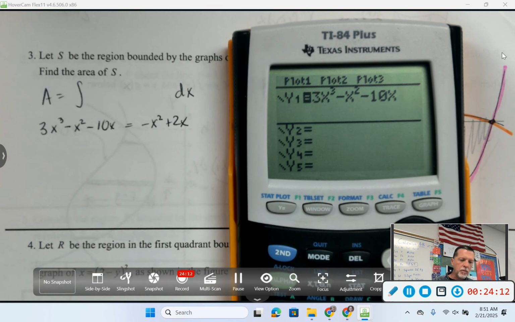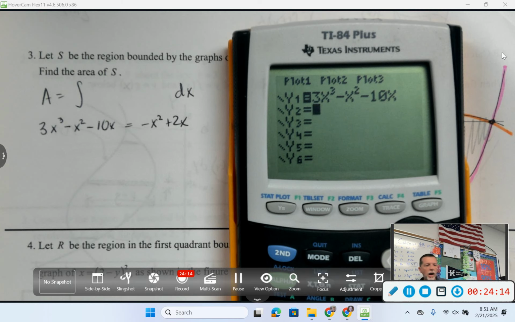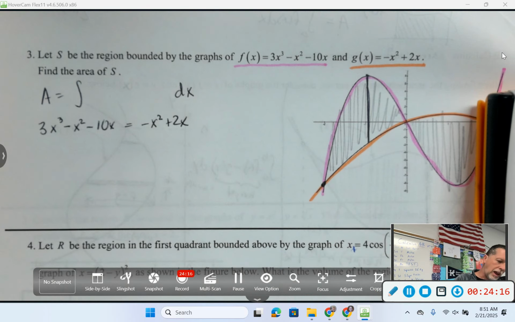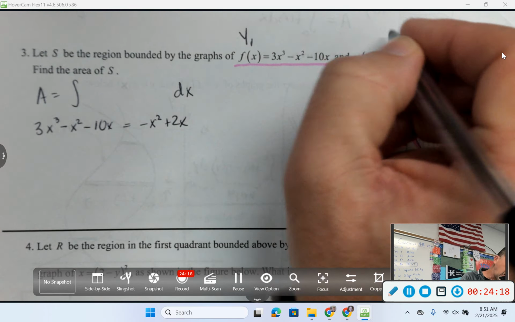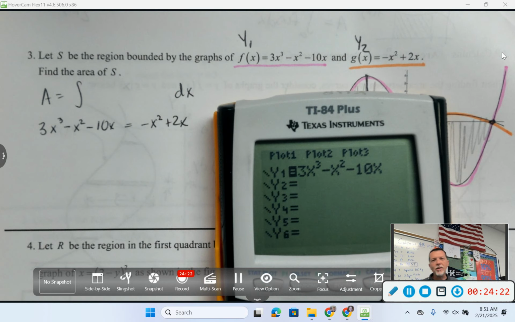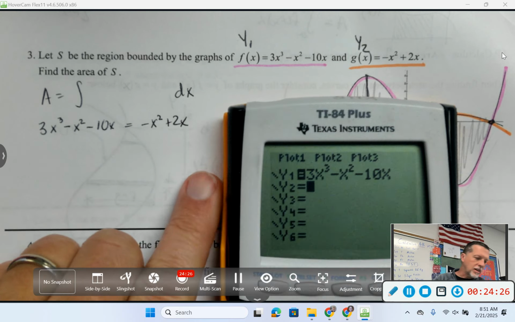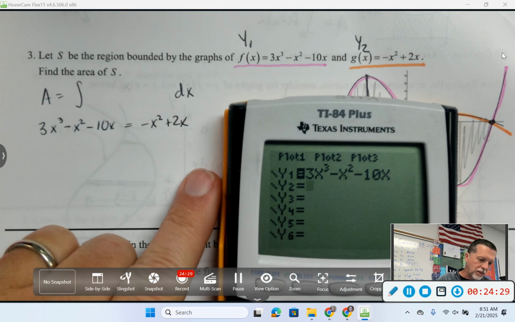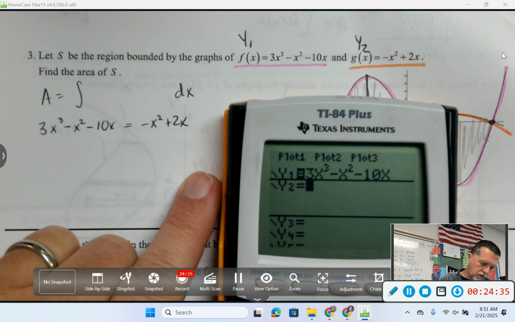And I think I'm going to put them into y1 and y2. And I'm going to label it here. That way if I slip up and start using y1 and y2 rather than f and g, I'll be okay, because I've told the grader who's y1 and who's y2. Negative x squared plus 2x.